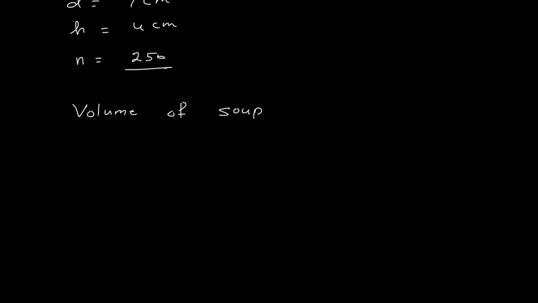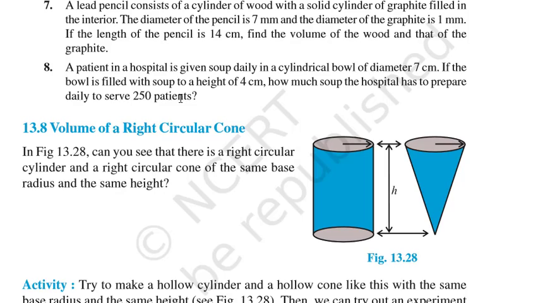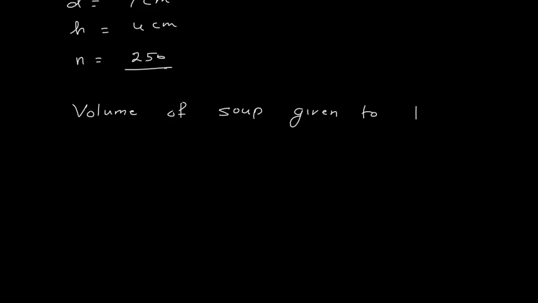So I will first find the volume of soup given to one patient. How much we will give? So diameter is there, so from this we can calculate radius, which is 7 upon 2 centimeter.